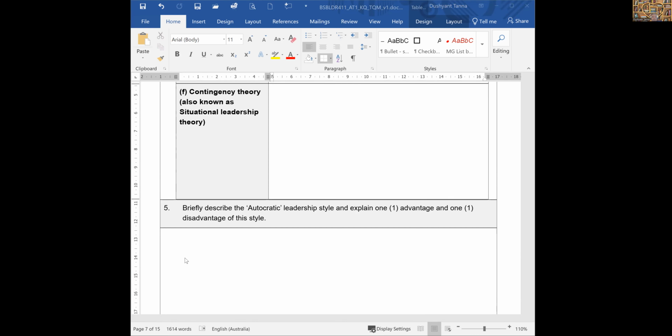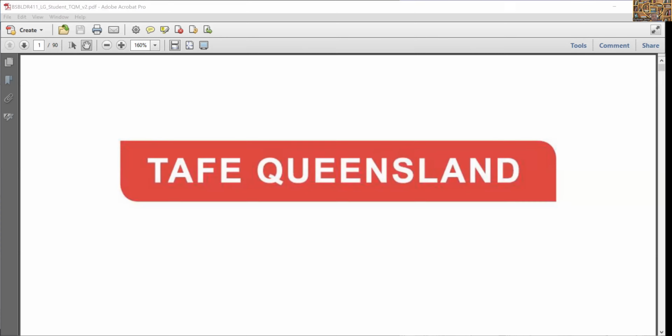Next, briefly describe the autocratic leadership style and explain one advantage and disadvantage of this style. So the file that I shared, the learner's guide, do you know how to read from it? Say for example, this is a book, the learner's guide that I shared with you. You go to the question.